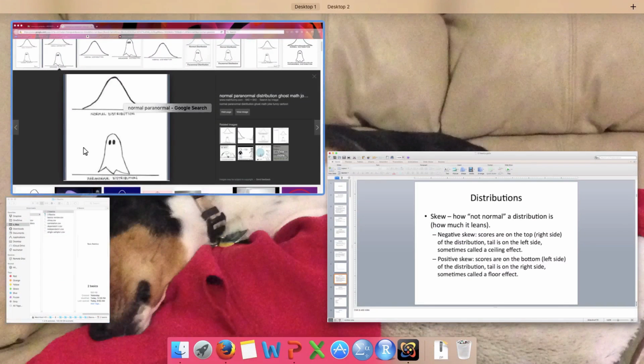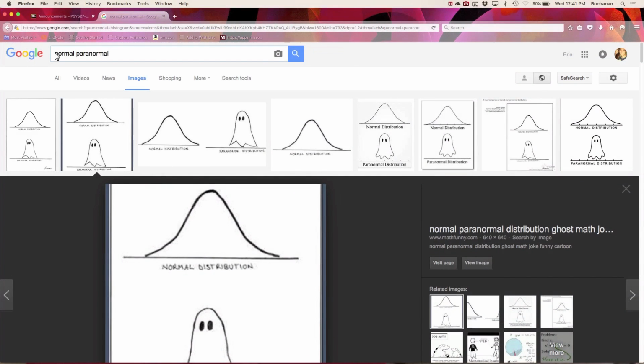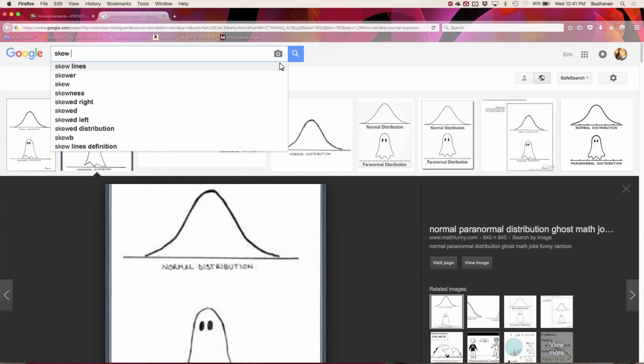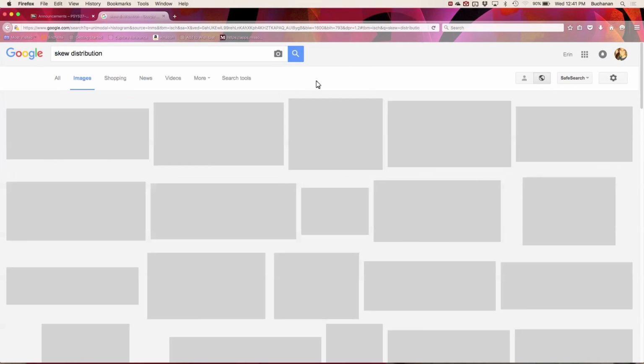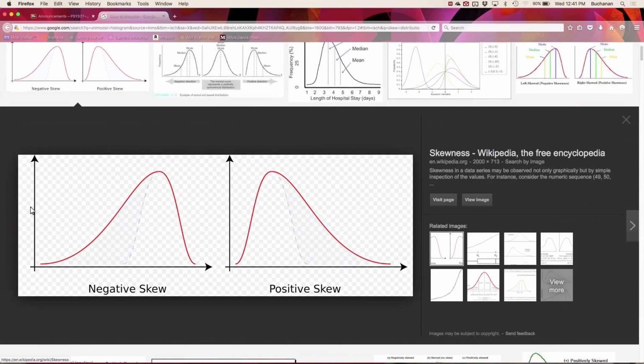A negatively skewed distribution, there we go, here's a good picture, actually has most of the data on the positive end. The way to think about this is if you draw a little kitty cat head here, the skew is where the tail is. It's called skew because of where the data is that's causing the skew. If I lop off the tail, it becomes a normal distribution.